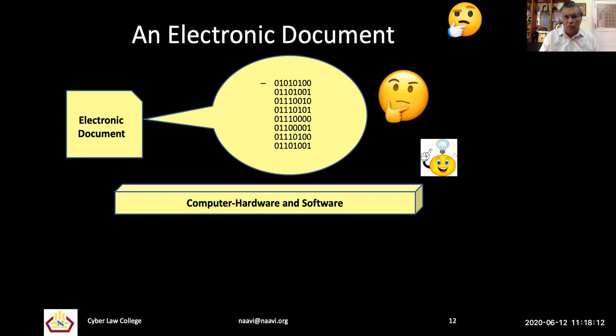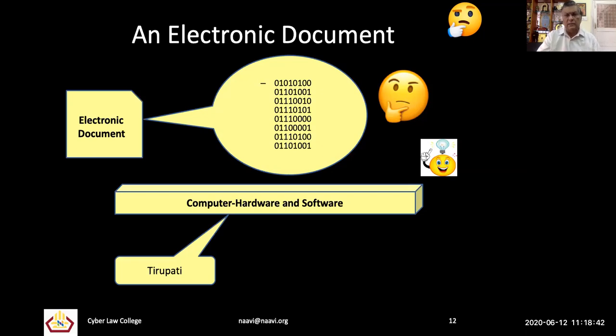However, when you look at an electronic document through a computer, hardware and software, it doesn't mean that we will always get one consistent rendition of the electronic document. For example, the above electronic form, which is zeros and ones which are given there, can be rendered by one computer as the word Tirupati.